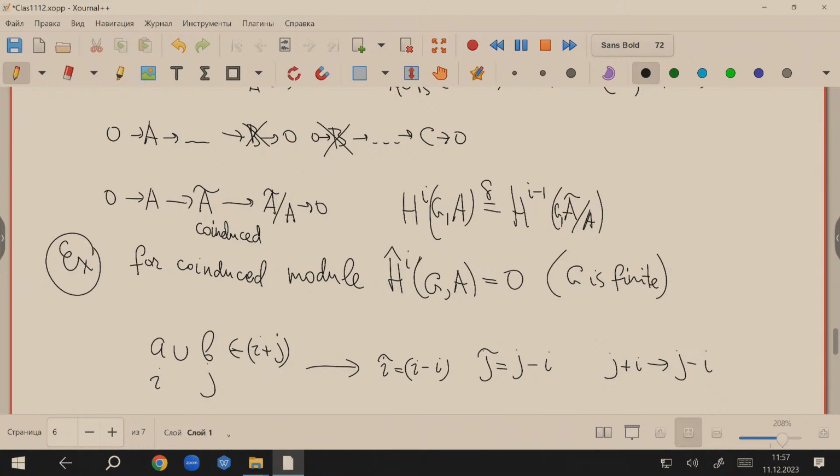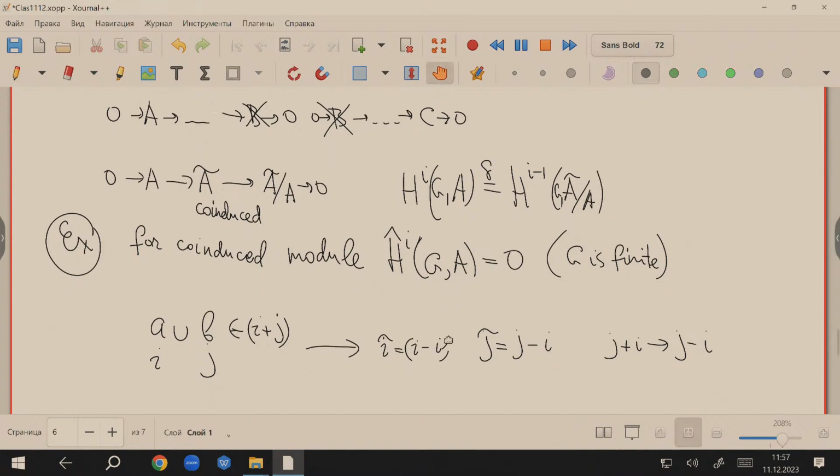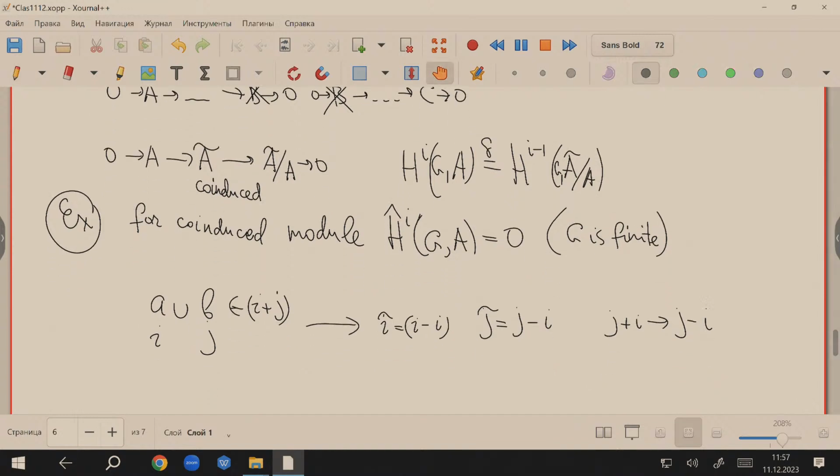So when you apply this coboundary, you may do the following. You may apply the coboundary map so that I tilde is just 0.